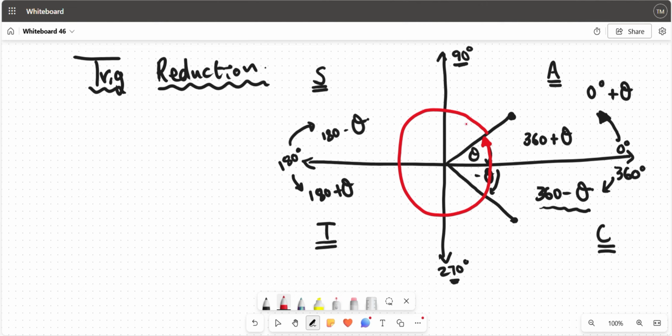You're taking a revolution, but you are ending back at the same quadrant. That's the addition of 360, but if you're subtracting 360, you're moving in this direction, but you're also ending up at the same point.